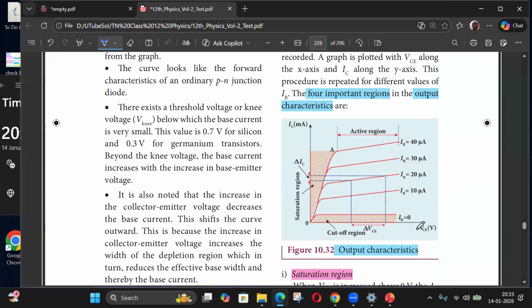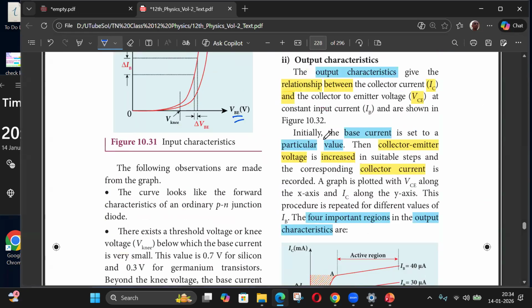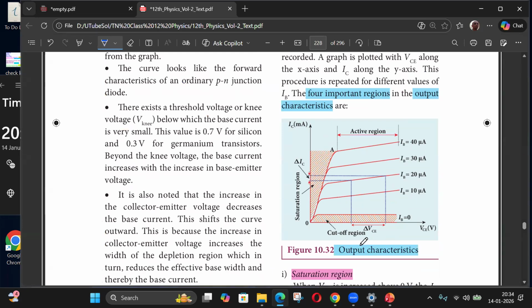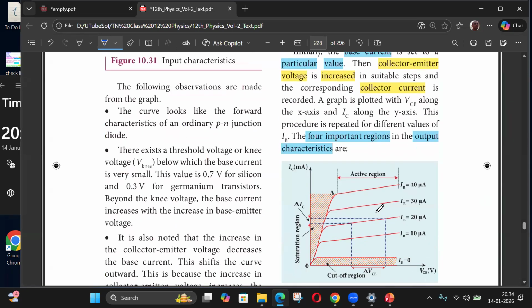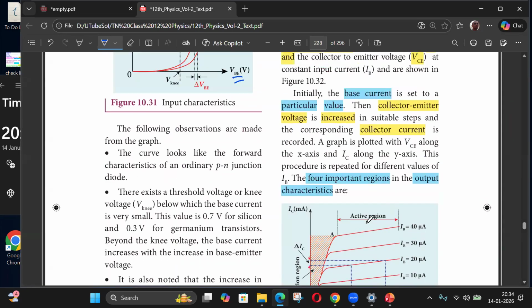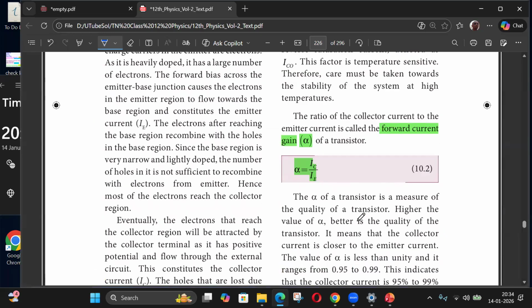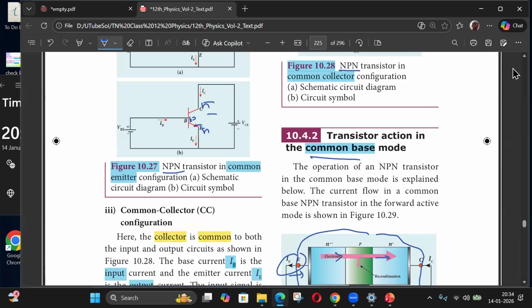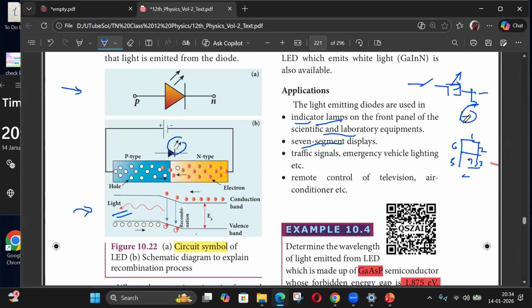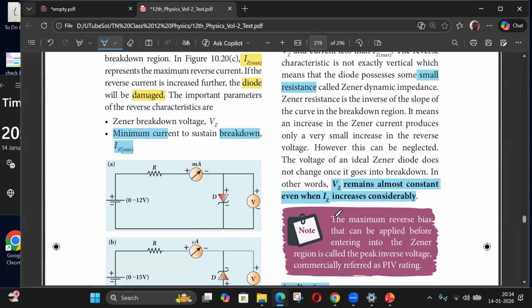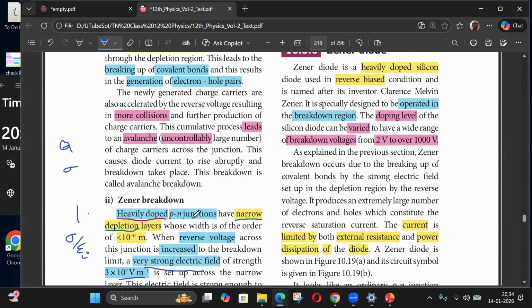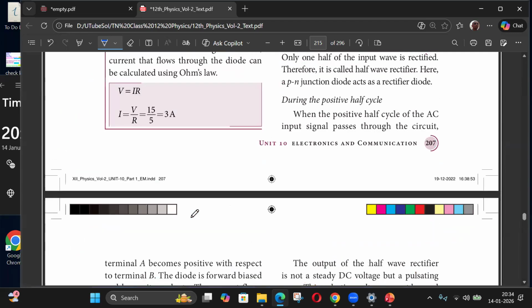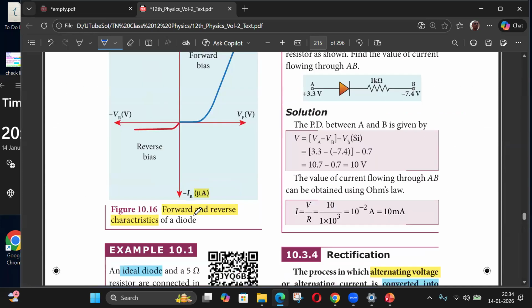This junction is reverse biased, so the current is less. It is that part of the very first VI curve, the reverse bias region.